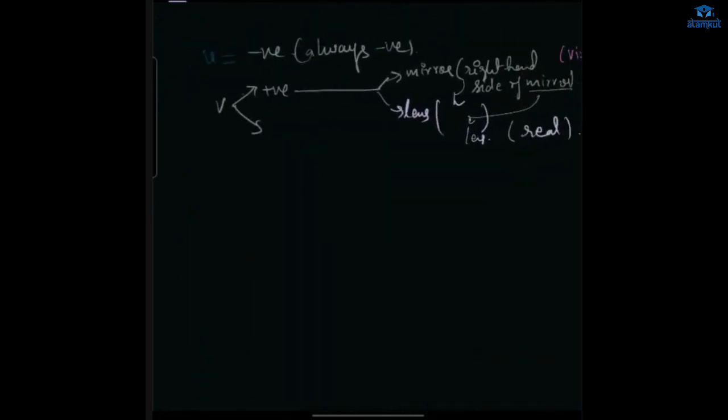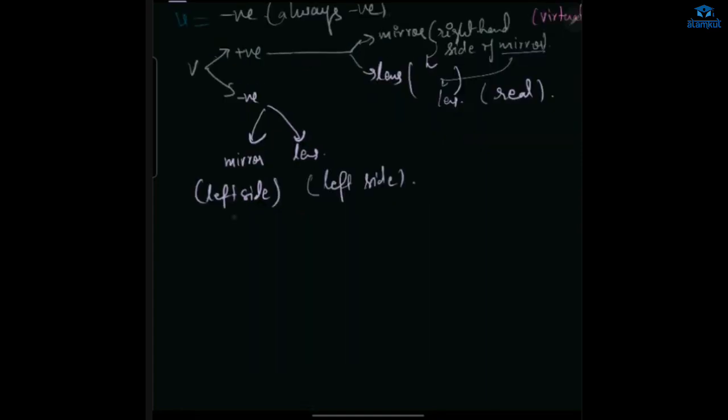Now if v is coming out to be negative, then for mirror and for lens, it will be formed on the left side, obviously, because it is negative. For a mirror, if it is negative, the image will be real, and if it is real, obviously it will be inverted also.